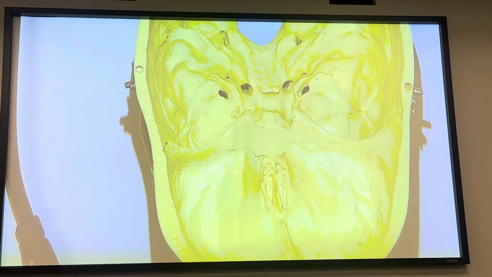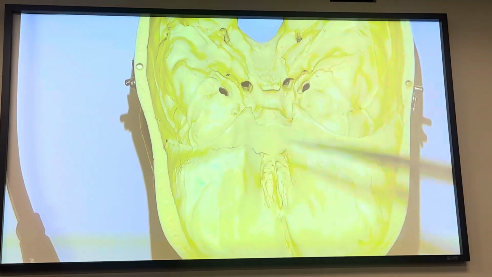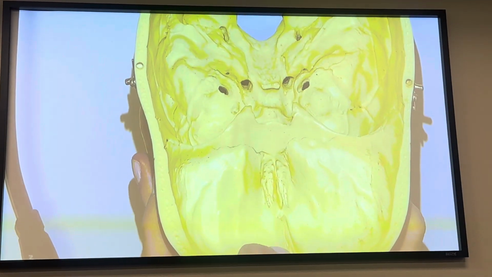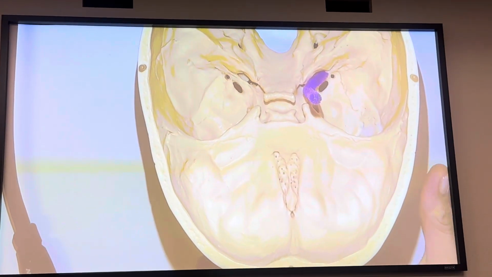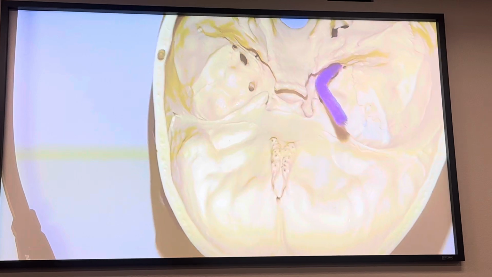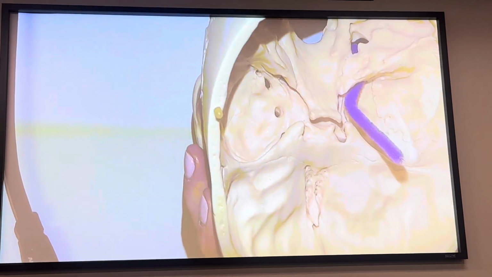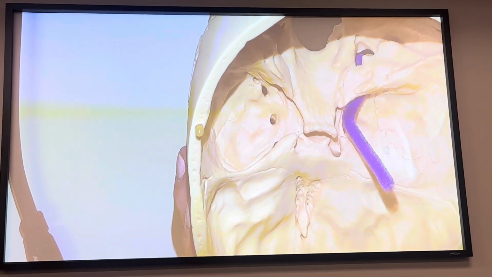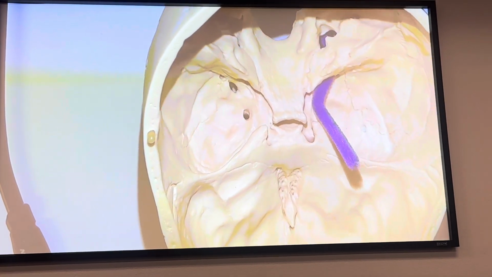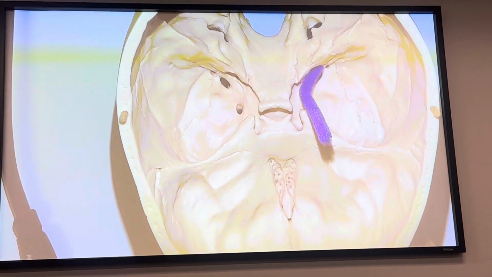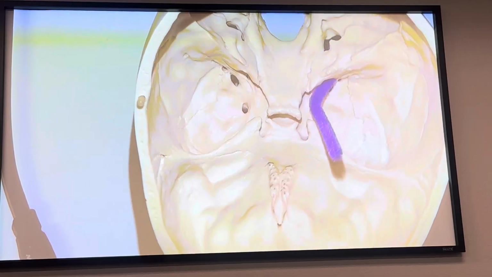Now, we'll talk about this big hole in a second, but I want to show you this other skull because there's an extra hole in this skull that is noteworthy in addition to those foramina. So I'm kind of tipping the back of the skull up to give us a slightly different view of that middle cranial fossa.